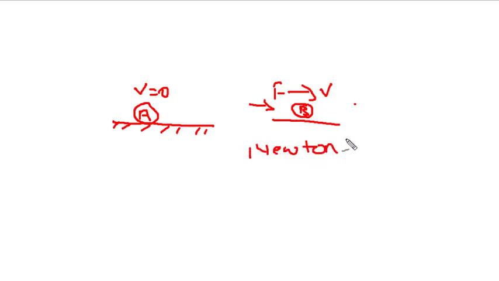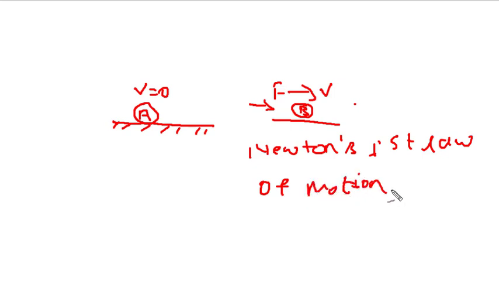Similarly, object B will continue moving with velocity v unless and until it is acted upon by an external force F. This was Newton's first law of motion.